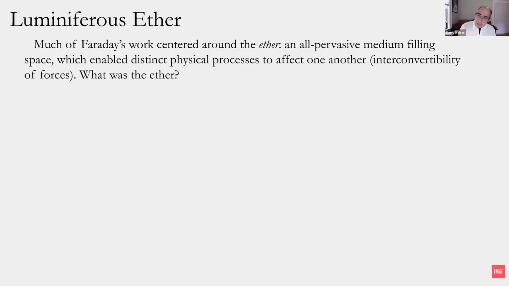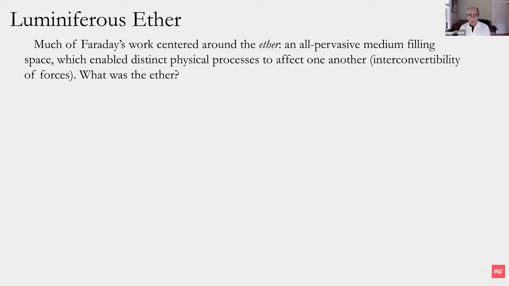And it was this medium that enabled various processes to affect one another. That was the interconvertibility of forces. Why did electrical effects lead to magnetic effects? Because they're both ultimately effects of this ether that connects everything.